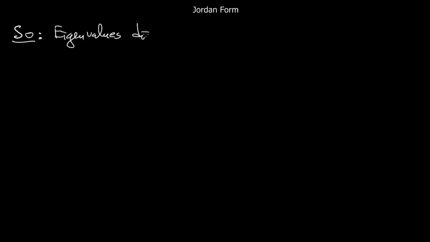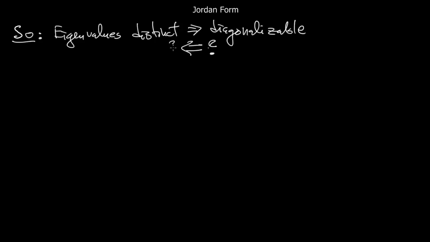So we've seen that when the eigenvalues are distinct, then the matrix is diagonalizable. Now, oftentimes people ask, is it if and only if? So that is to say, if it's diagonalizable, does that mean that the eigenvalues are distinct? Let's think about that.